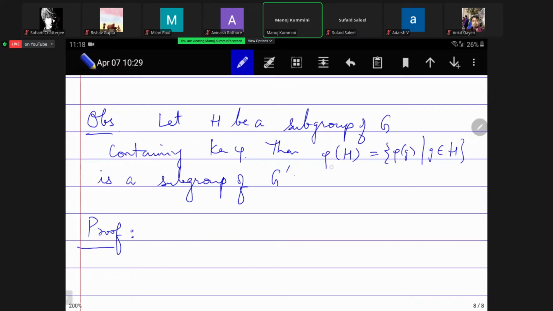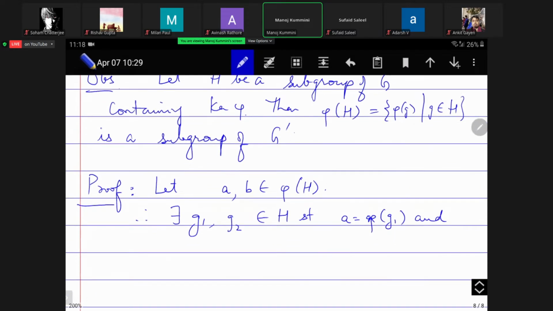So we need to show that if you take two elements, let us call them A and B, inside phi of H. Therefore, there exist G1, G2 inside H such that A is phi of G1 and B is phi of G2.